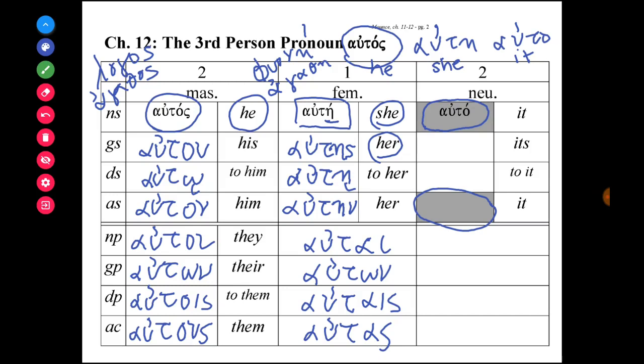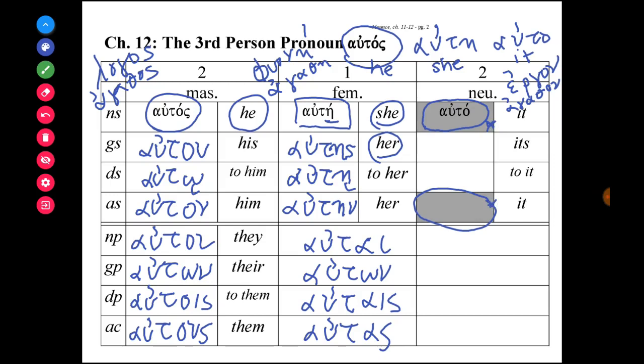And lastly, for the neuter forms, it also follows typically the second declension neuter noun like ergon, or the adjectival form in the neuter like agathon. It looks just like it, except in the nominative singular and accusative singular.